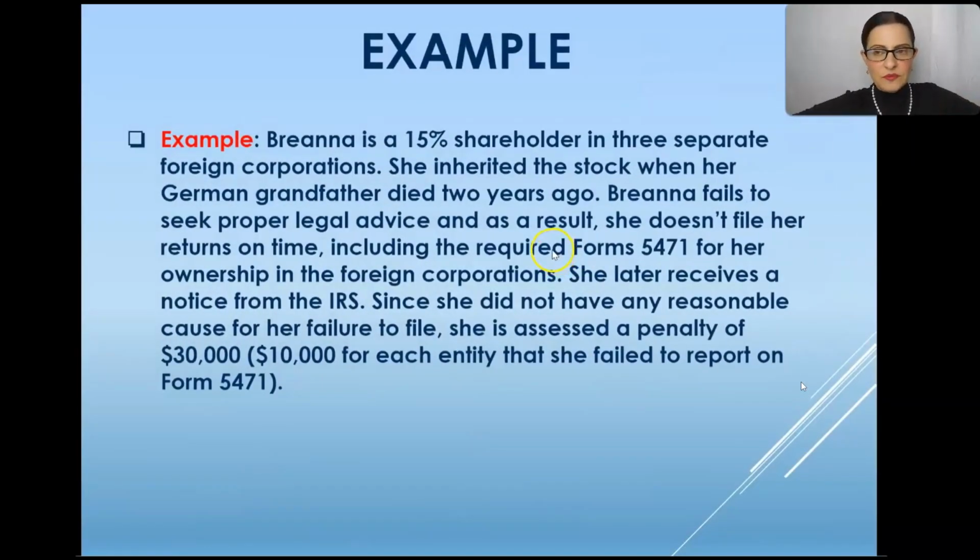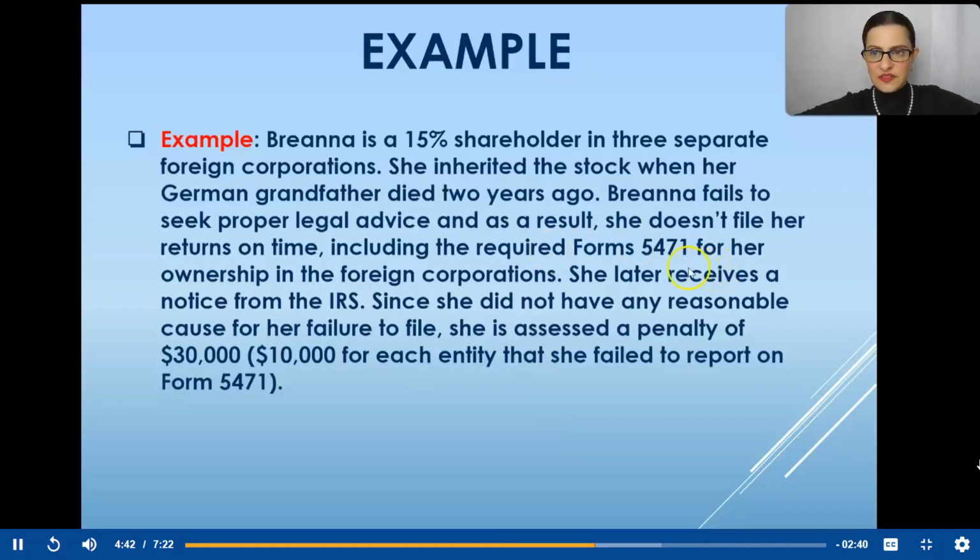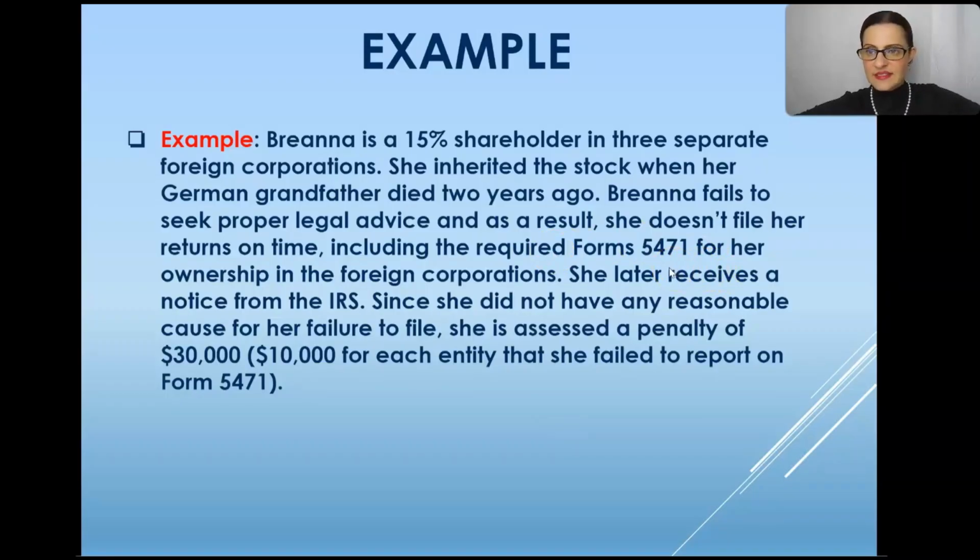Generally, people get in trouble with non-filing on the 5471 when they inherit assets from a foreign shareholder that might be a family member who's living and working overseas, and they've invested in a foreign company, or they're an officer of a foreign company, and then they die, and then you have a U.S. citizen, an heir or a beneficiary that inherits those assets, and they don't know quite what to do, or they don't get competent financial advice, because there's not very many accountants really that know about this filing requirement and even know how to file these forms.